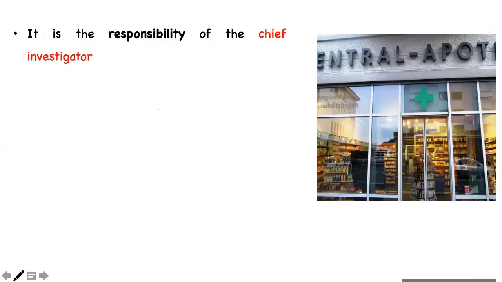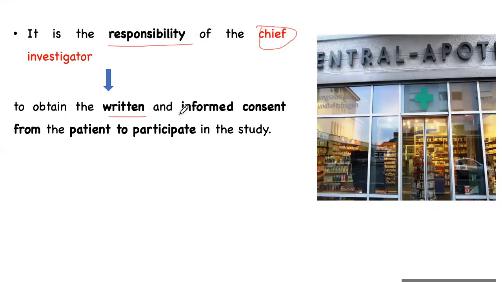The third important guideline is the responsibility of the chief investigator. Obviously, the chief investigator is the highest authority involved in the process of the investigation. So anything that happens during the process, it is the responsibility of the chief investigator to obtain written and informed consent from the patient to participate in the study.